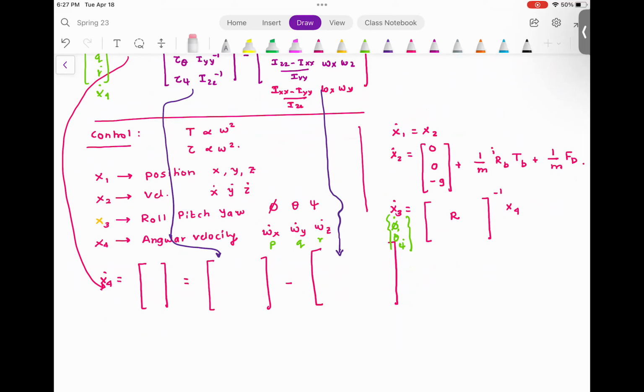Oh, R inverse, typically what they do is they expand the matrix. So you have a series expansion of the matrix. For example, finding A inverse in real time is difficult.